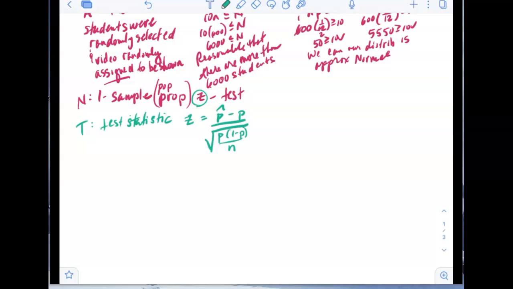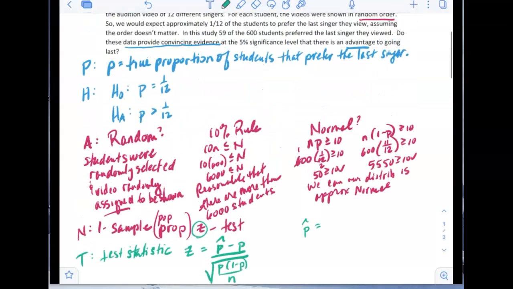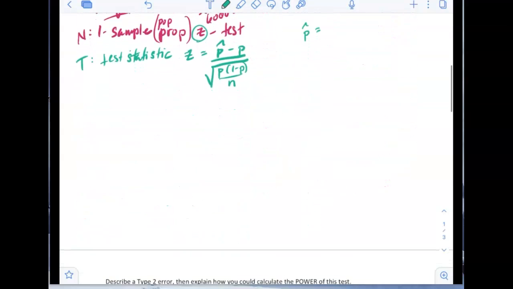Okay, so off to the side here, we're going to go figure out what our proportion was, and they said we had 59 out of 600. Okay, so 59 out of 600 into my calculator gives me 0.0983. So when I do my Z calculation, we're going to be doing 0.0983 minus their 1/12.